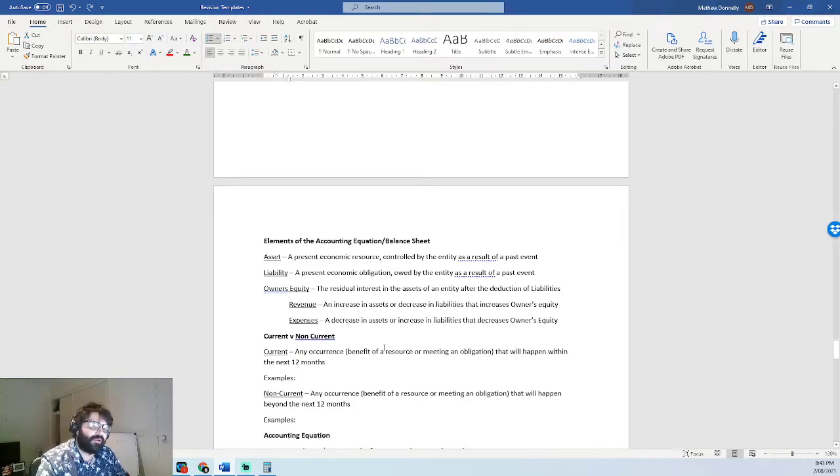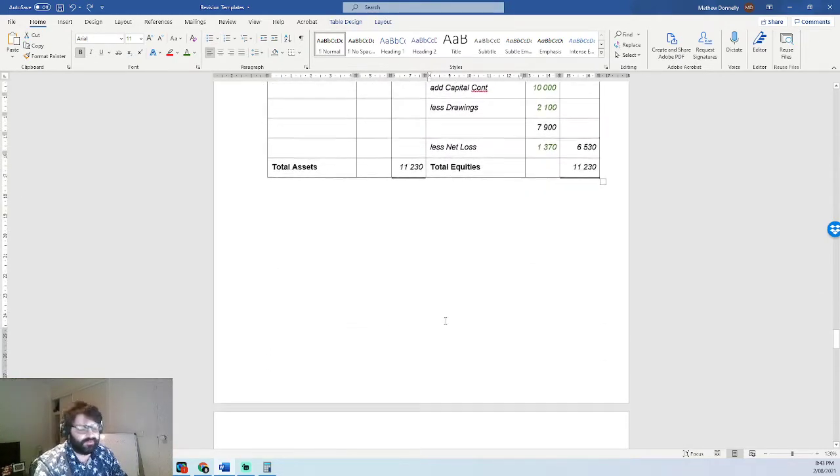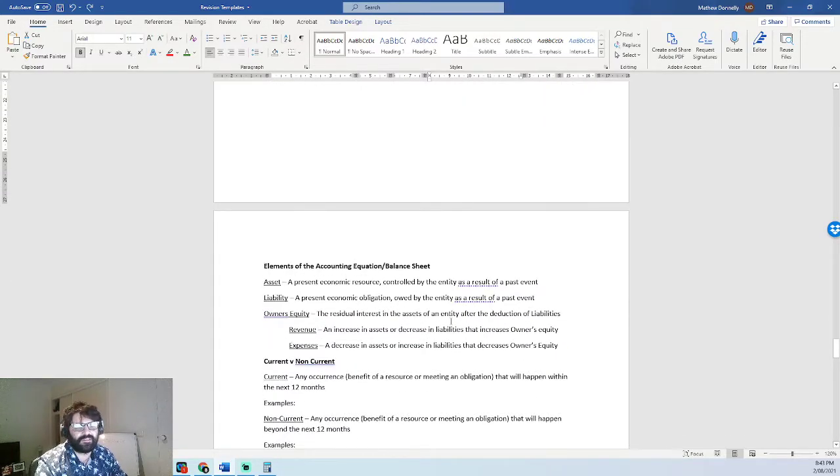So then we've got current versus non-current. If you look at the balance sheet, we had current assets, current liabilities, non-current assets, non-current liabilities. Basically, it's a time period. Current is any occurrence, benefit of a resource, or meeting of an obligation that will happen in the next 12 months.